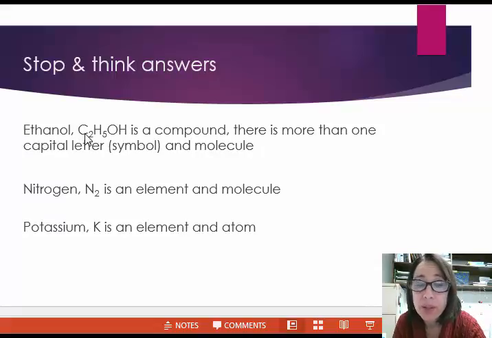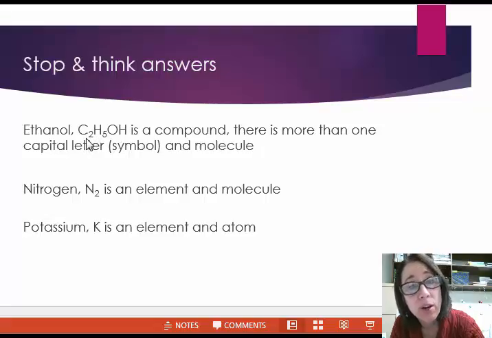We know that ethanol is a compound because we see the symbols for carbon, hydrogen, and oxygen in the formula. We also know that it is a molecule because there's more than one atom. There are 2 carbon atoms, a total of 6 hydrogen atoms, and 1 oxygen atom.